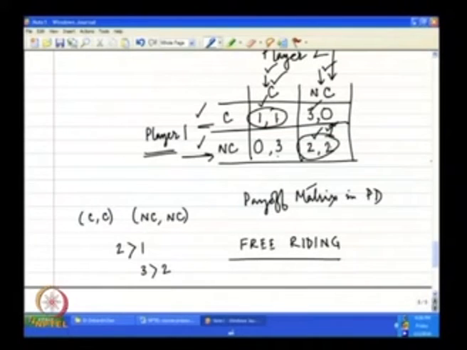So, what is meant by free riding is that if there is a good outcome which is coming out of some cooperation, in this case it is NC-NC, there is a cooperation among the prisoners, not the cooperation between the prisoner and the police. There is a kind of understanding between the prisoners that, look, let us not confess, in which case it is better for both of us, we are getting 2.